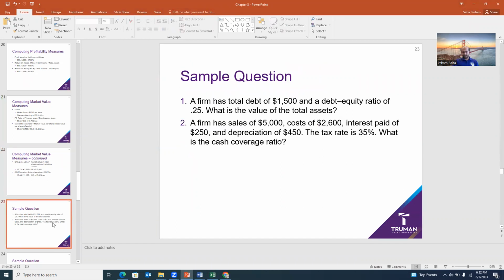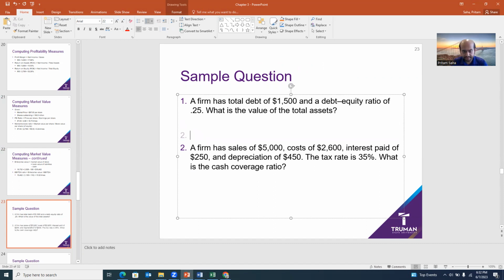Now let's do some sample questions. A firm has a total debt of 1,500 and a debt equity ratio of 0.25. What is the value of total assets?